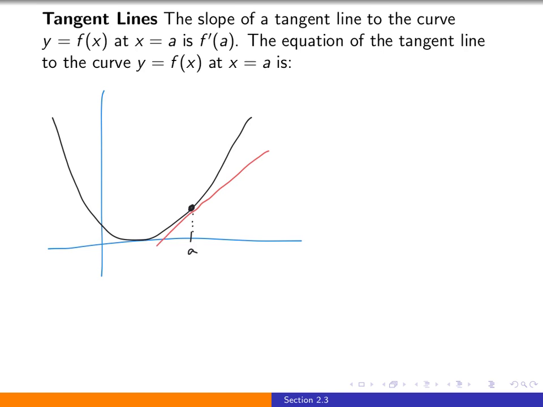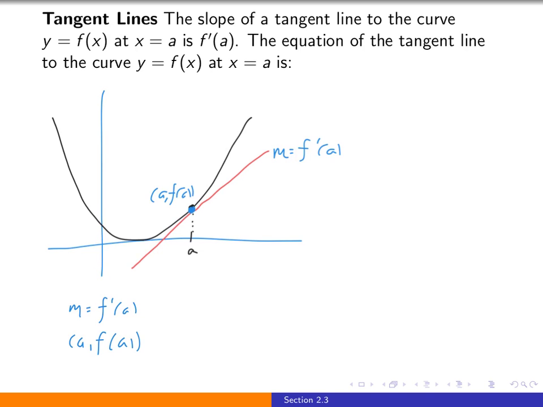So if we sketch the tangent line, we notice the tangent line goes through that point on the graph, a comma f of a, and the slope of the tangent line is the derivative at that point, f prime of a. So in terms of writing down the equation of the line, we have a point on the line and the slope of the line. So the slope is f prime of a, and the point on the line is a comma f of a.